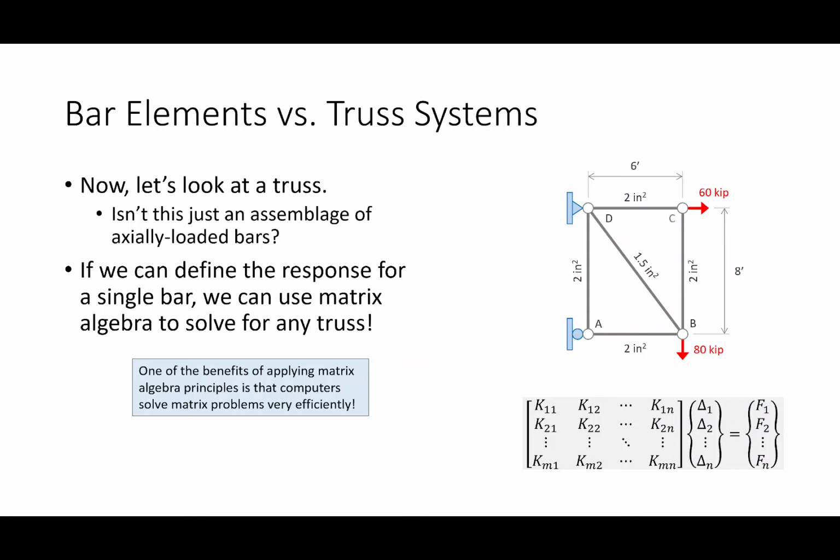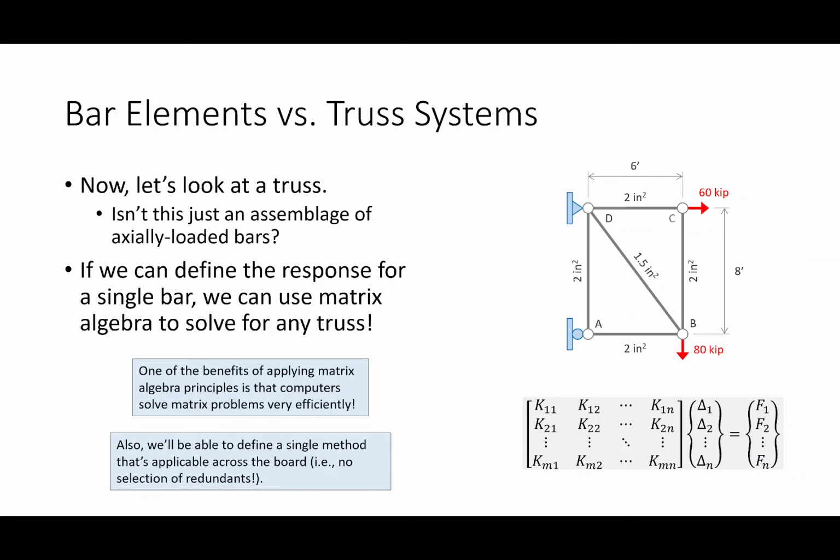They're really good at it. They can do it very quickly. Humans, when you start getting into 4x4, 5x5, 6x6 systems, really big ones, it is really burdensome to solve matrices by hand, but computers can do it all day, every day, no problem, okay? So that's what we're going to take advantage of, okay?